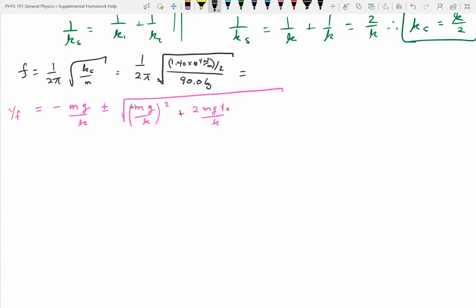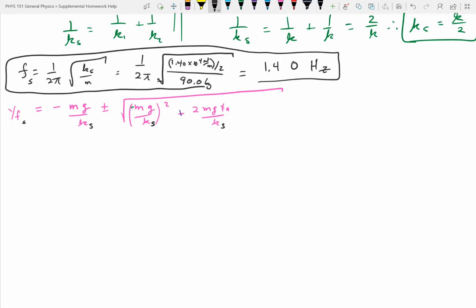That gives us the new frequency. Okay, so there's our frequency using the same equations before, but now plugging in our new K series as 1/2 of the old K.